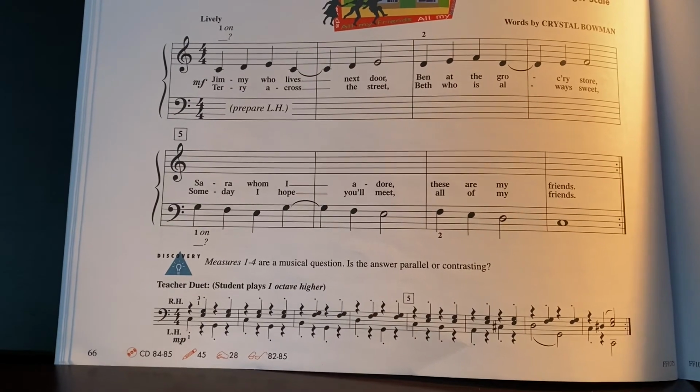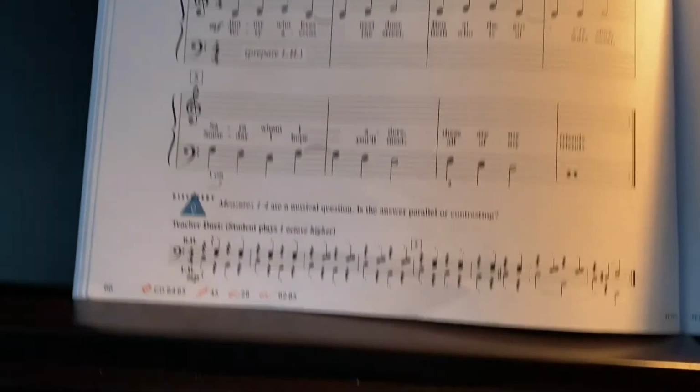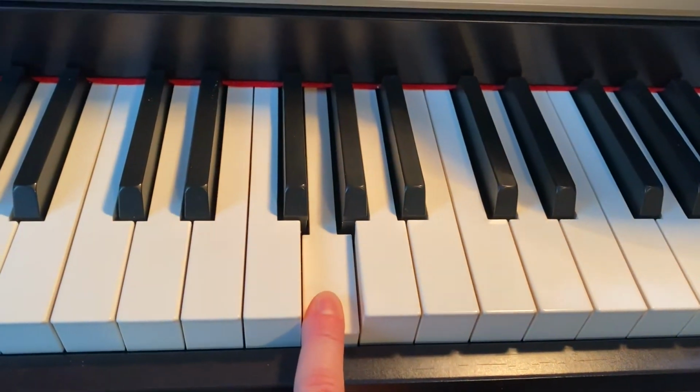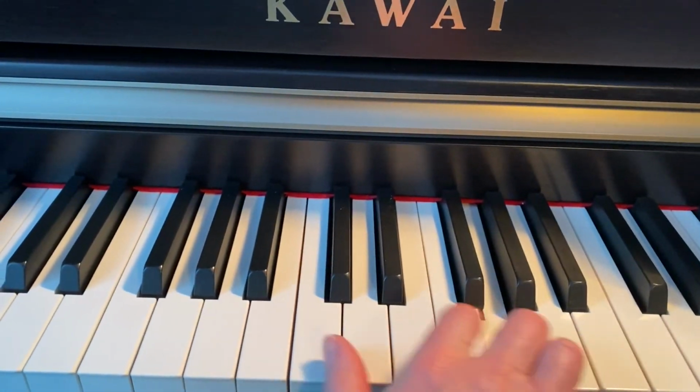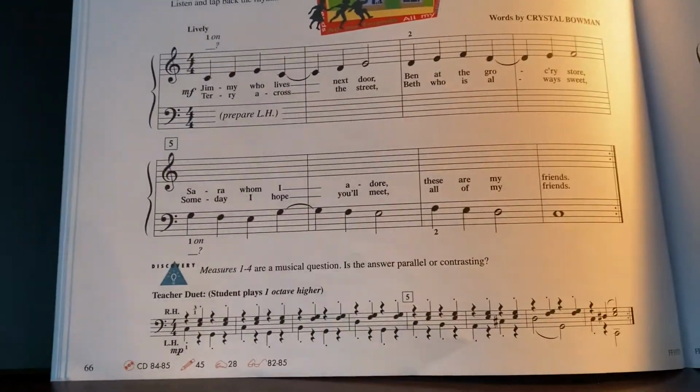So be finding it. There's my G in the treble clef pentascale. Okay, 2 more.